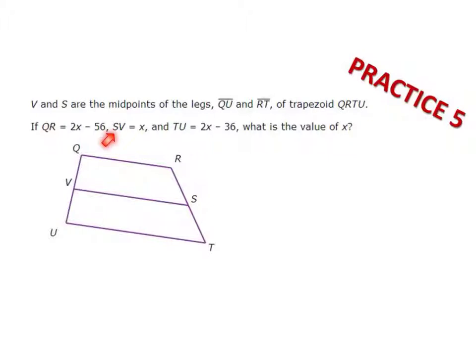You're going to add 2x plus 2x. That'll equal 4x. Then you're going to take negative 56 plus negative 36. And whatever that is, you're going to put that equal to those 2x's. And that's going to be your equation. It'll be 2x equals 4x minus whatever 56 and 36 is.